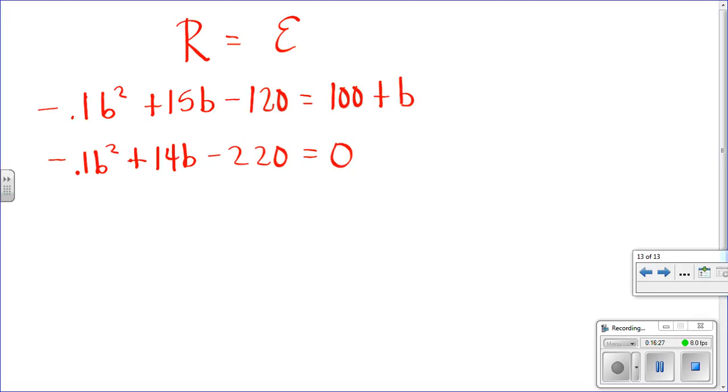What is this function right here? We've already used it once. What is that function right there? Profit, right? If your revenue equals expenses, then your profit equals 0.